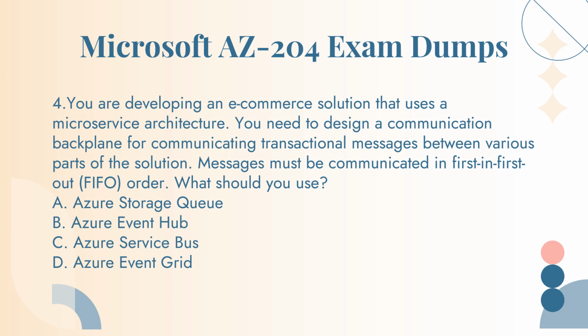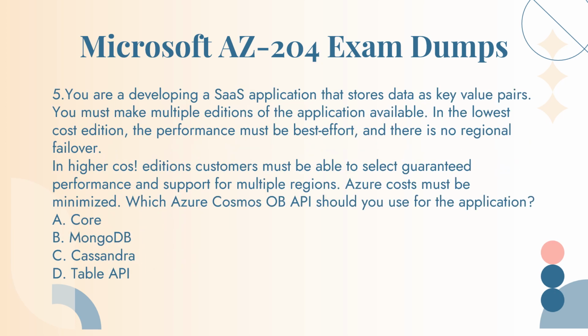5. You are developing a SaaS application that stores data as key value pairs. You must make multiple editions of the application available. In the lowest cost edition, the performance must be best effort, and there is no regional failover.